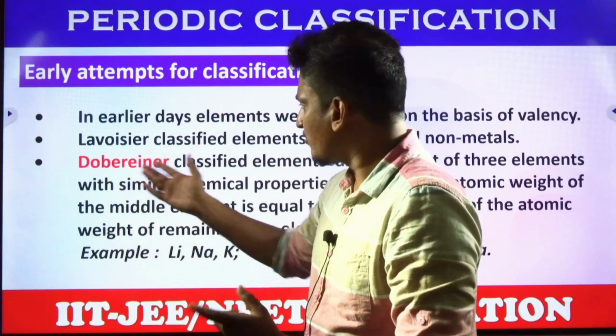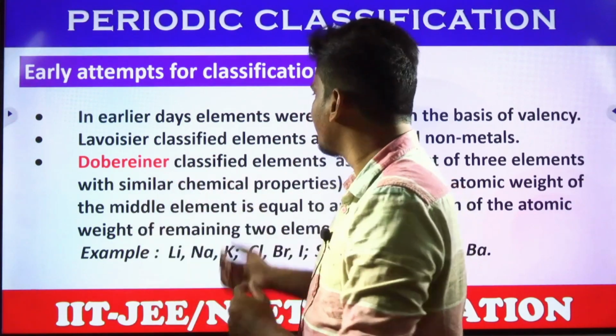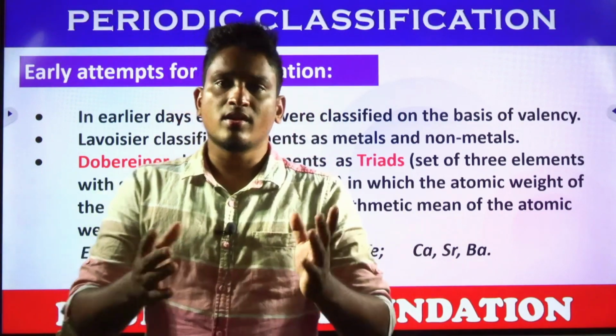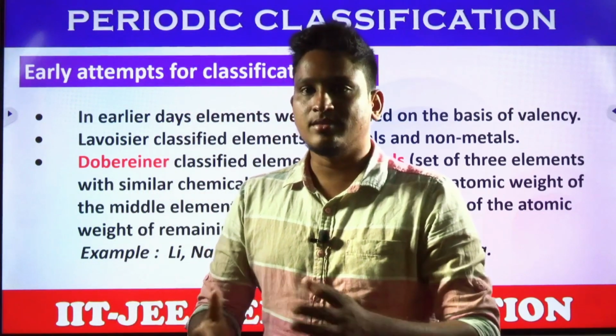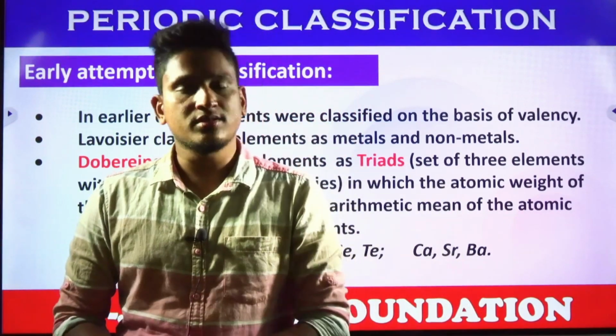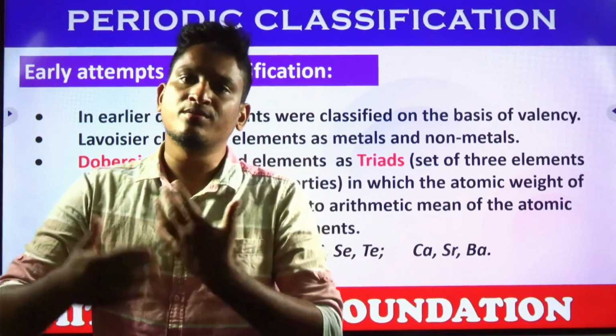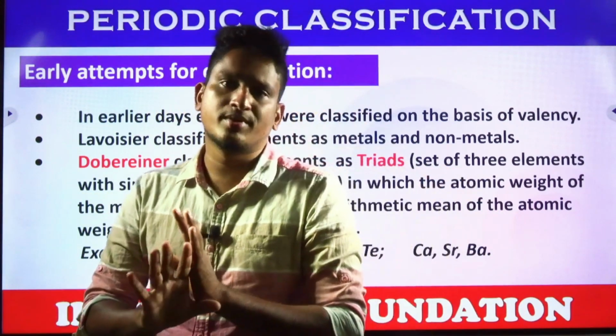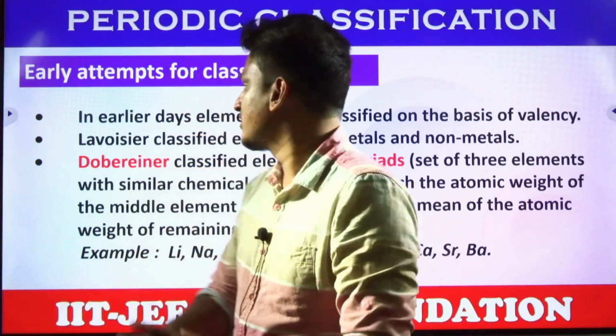Later on, Lavoisier classified the elements as metals and non-metals. You already know what metals and non-metals are. Metals are elements which have a capacity to lose electrons. Non-metals have a capacity to gain electrons, having high electronegative character. But he didn't classify all the elements, only a few elements under this section.